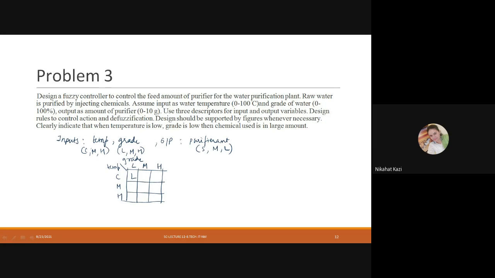So if the temperature is cold and the grade is low, then it is large. Now if temperature is increasing, okay, grade is constant, it is low only, low quality of water, right? Low grade of water. So what about the purifier amount?